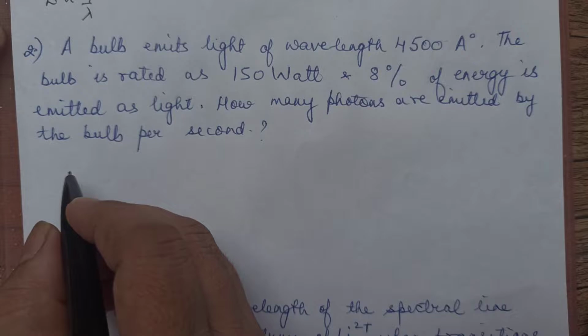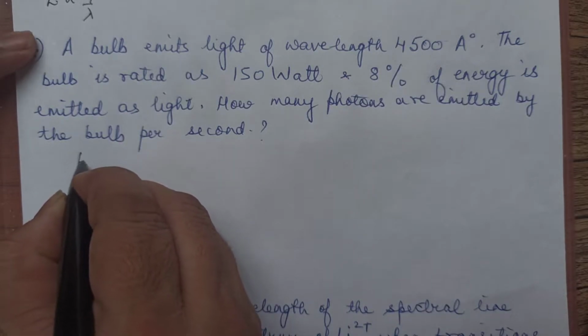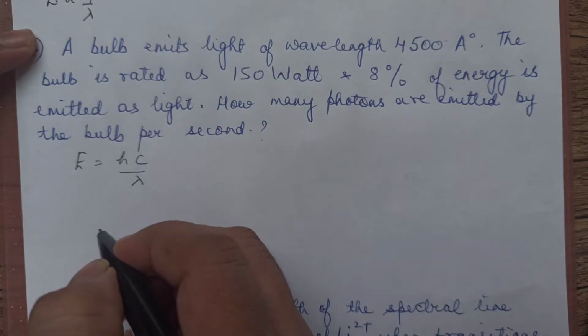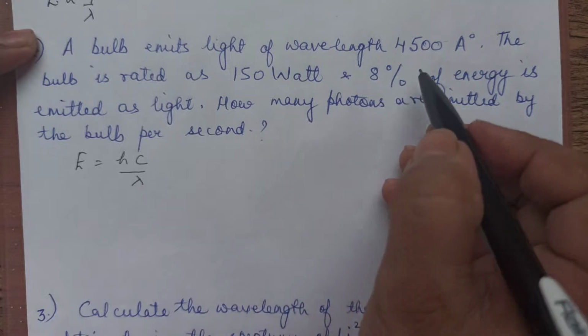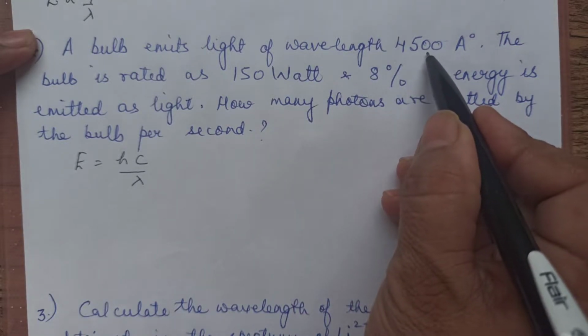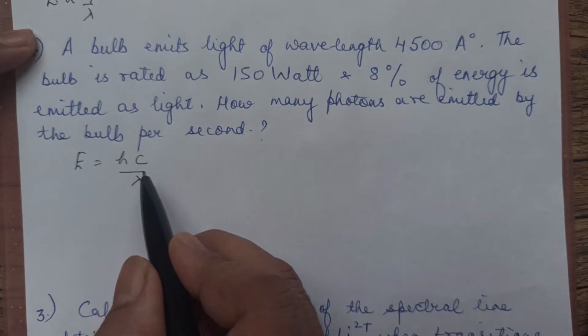So what we are going to do is use the relation E is equal to hc by lambda. But one thing is, you have to see that you are using everything in the same unit, because if I am taking lambda in meter, you have to use the h value and c value also in the MKS system.